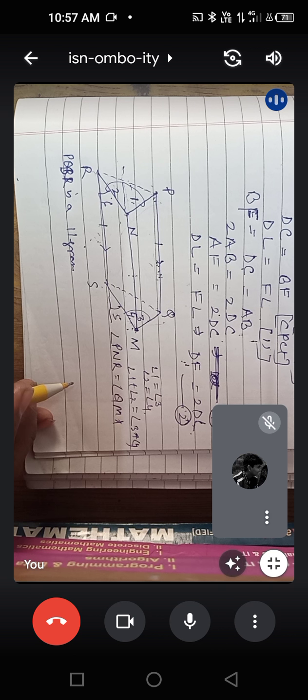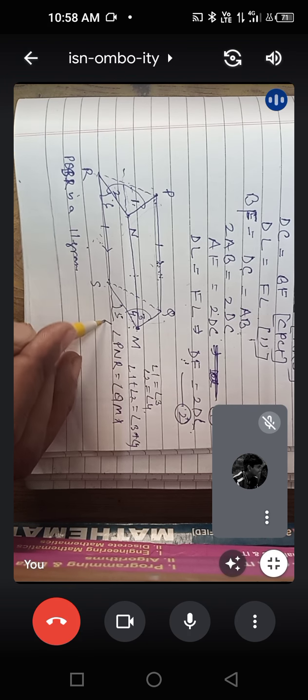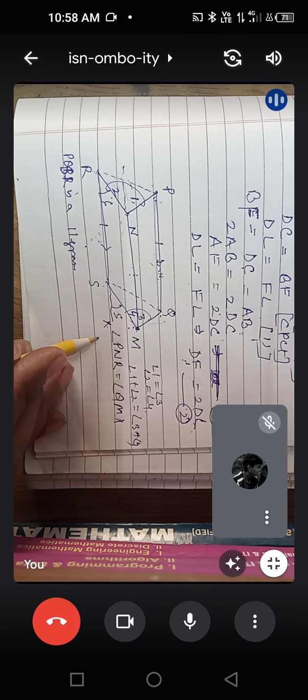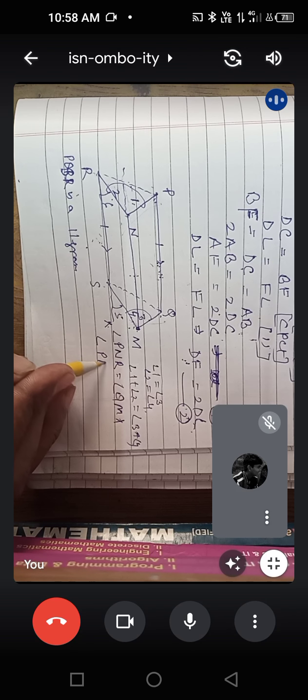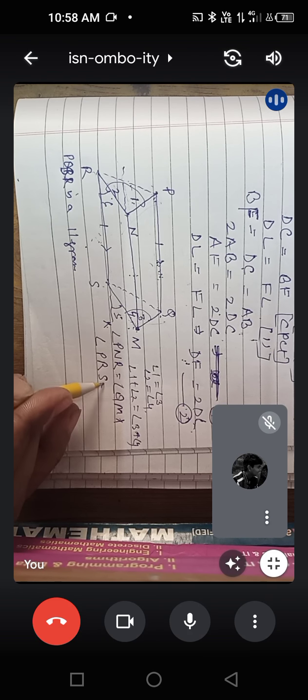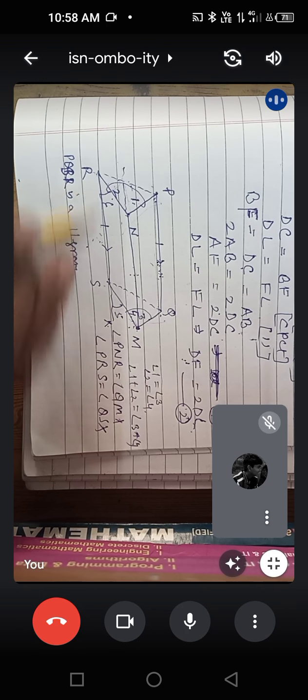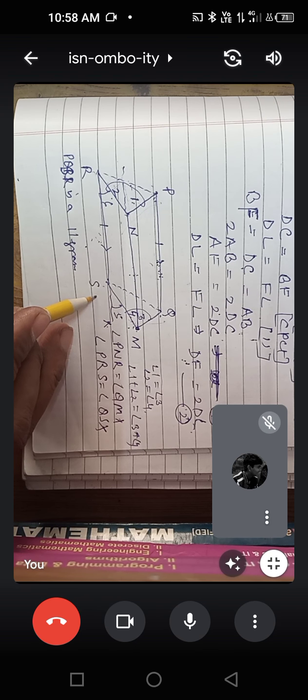Now you again see angle PRS is equal to angle QSX. You can take this as X. Again you see angle PRS is equal to angle QSX because these are also corresponding angles. Is it okay?